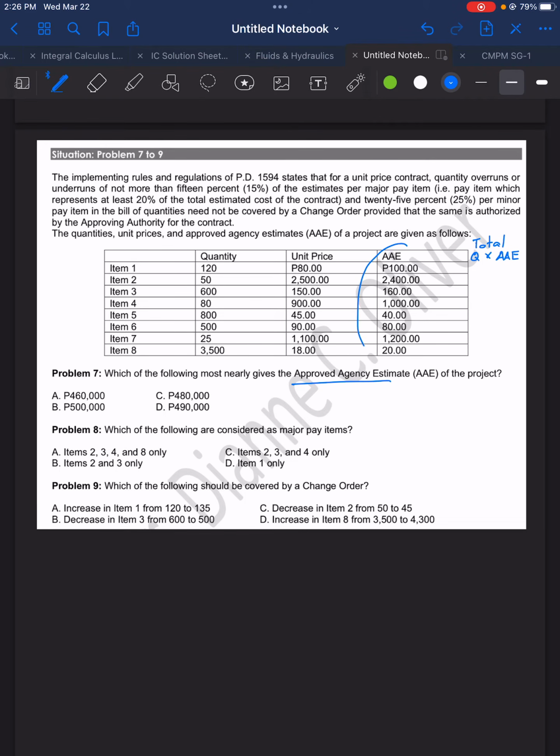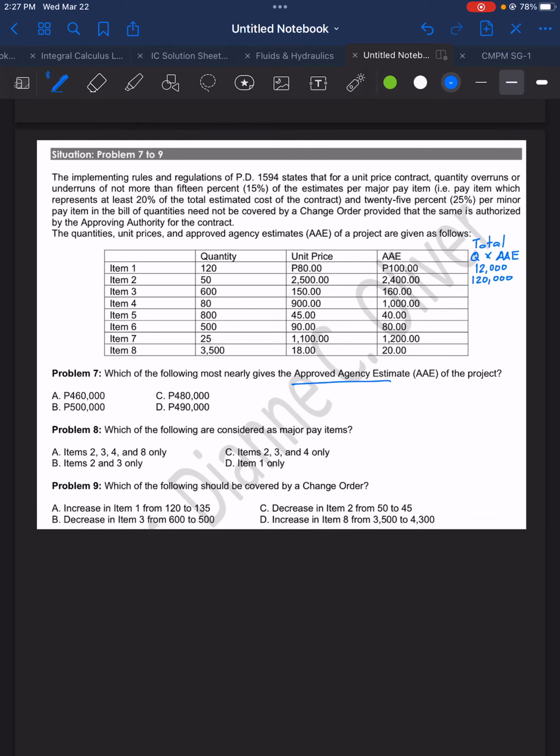So we have here AAE per item. All we need to do is to multiply the quantity with the AAE of the item. So what is 120 times 100? That is 12,000. 50 times 2,400, that will be 120,000.